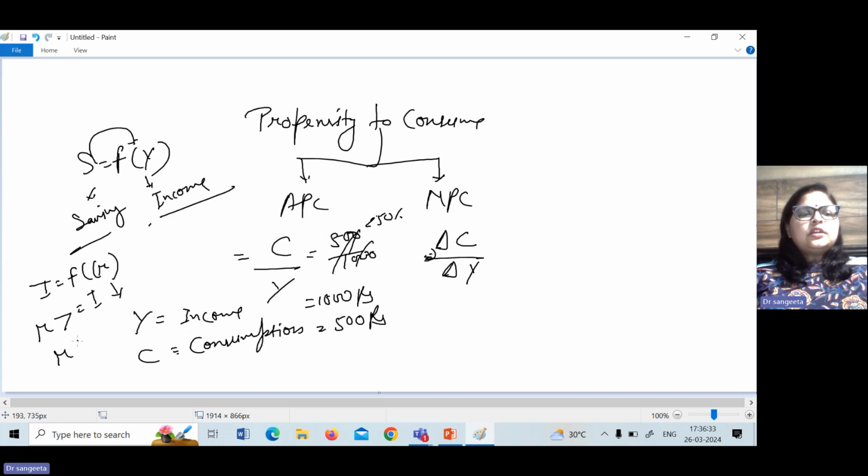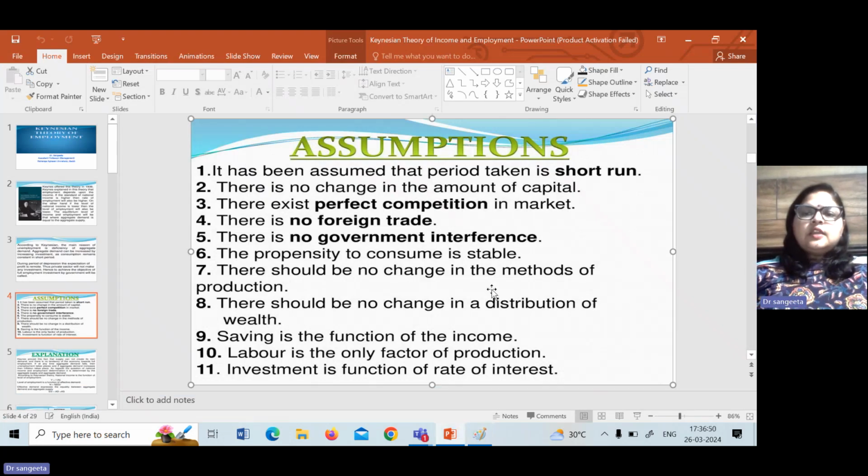If the rate of interest is low, investment will be on the higher side, and vice versa. So Keynes explained the assumptions. According to him, the economy plays out according to these assumptions.